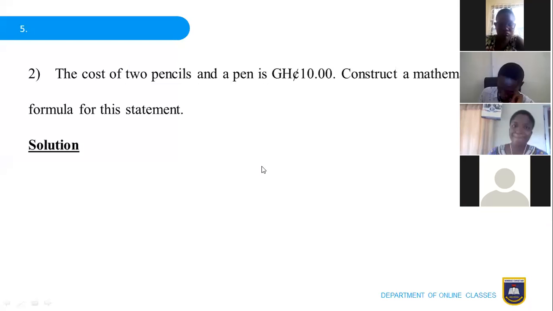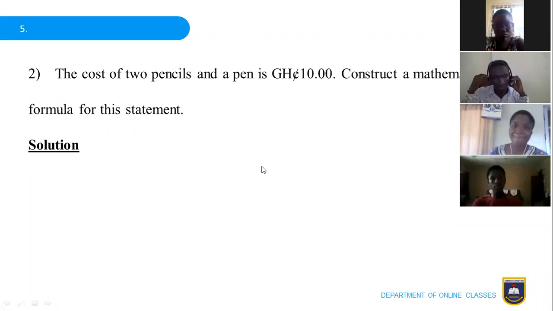If you have 1 Ghana cedi in your right hand, and then another 1 Ghana cedi in the left hand, if you put the two together, it gives you how many? 2 Ghana cedis.